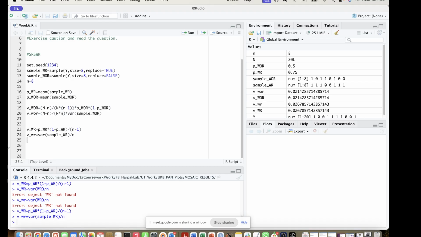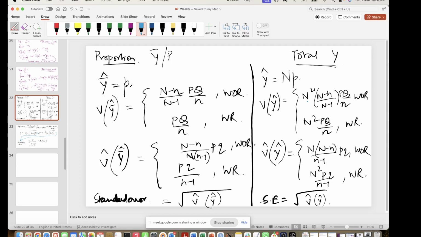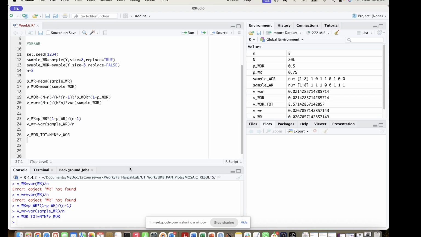Alright, now if I just want a total, so V var total will be N square into V var, and V var WR total would be the same thing, capital N square into variance of WR.